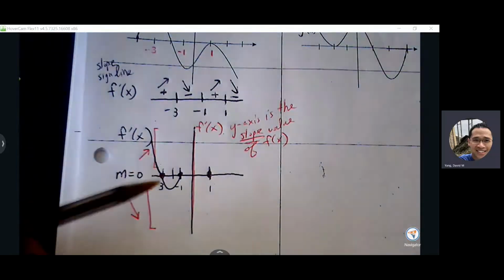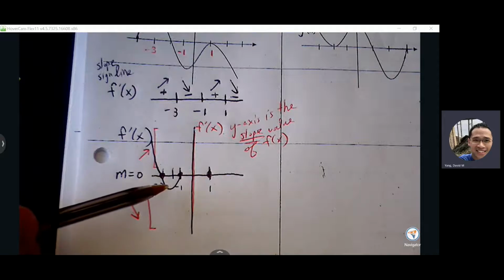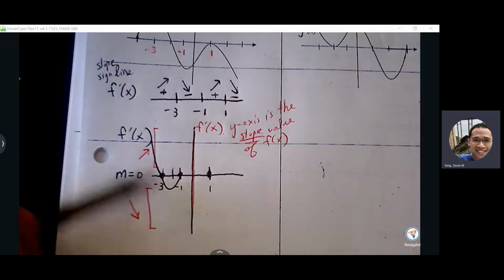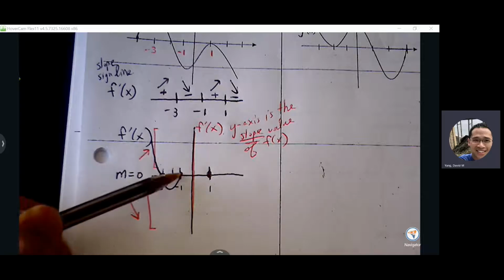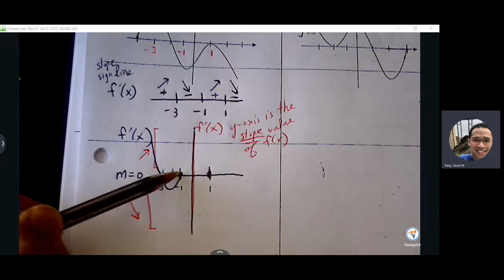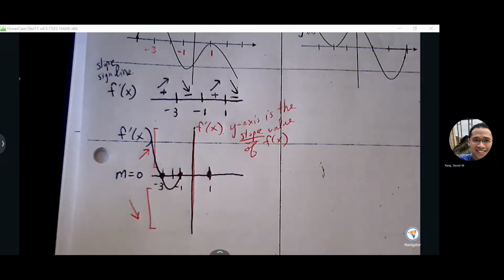Okay, now you're maybe wondering, how far down do I go? It doesn't really matter right now. We're just going to sketch our graph as smooth as possible. And we know that the graph will loop back up to -1 because we see a point there.